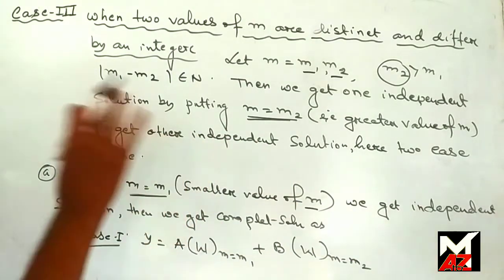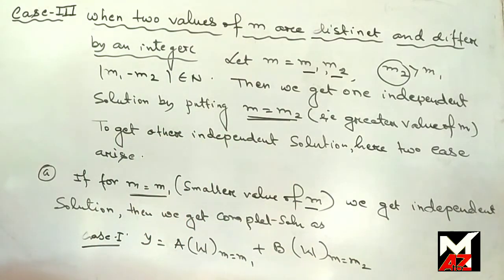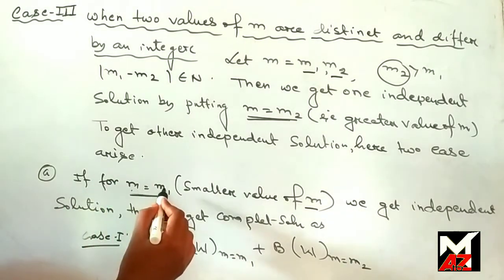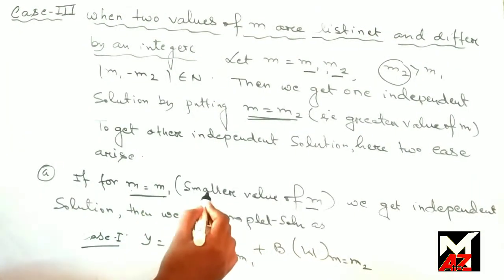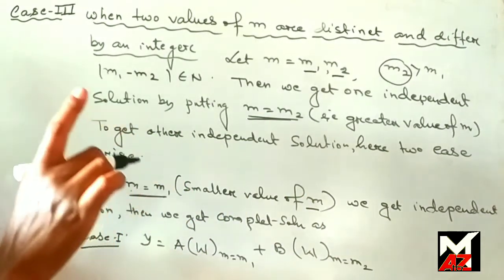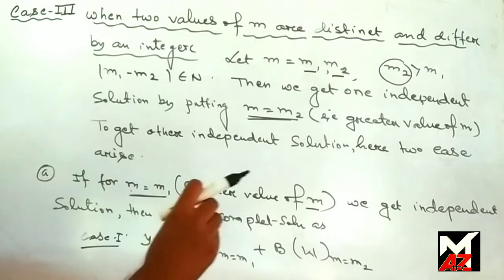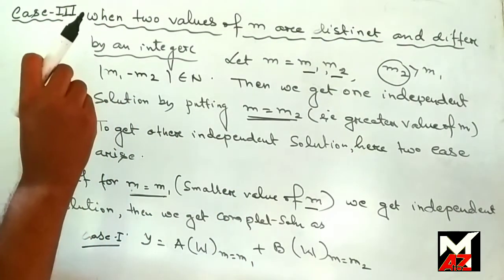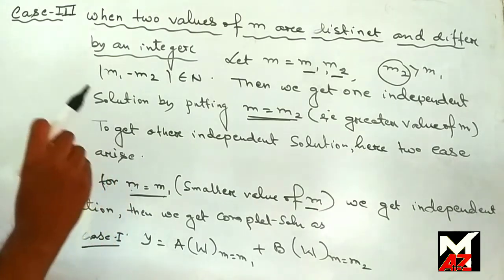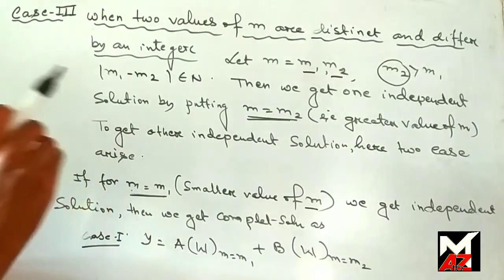This is similar to case 1. Now, if m equal to m1, the smaller value of m, does not give the other independent solution of the differential equation, then we go to case B.